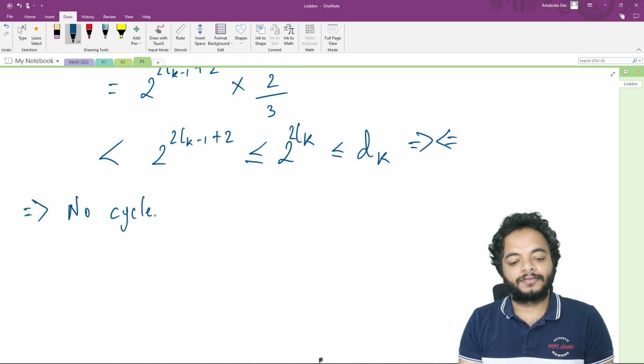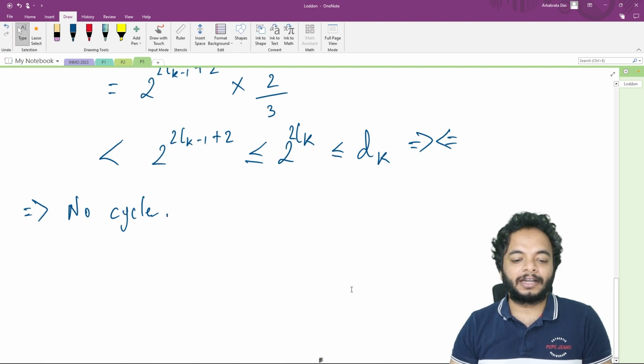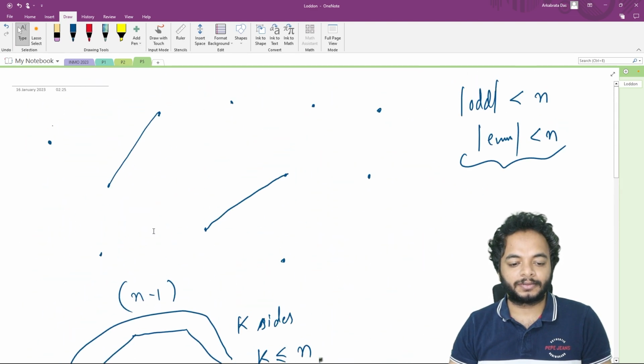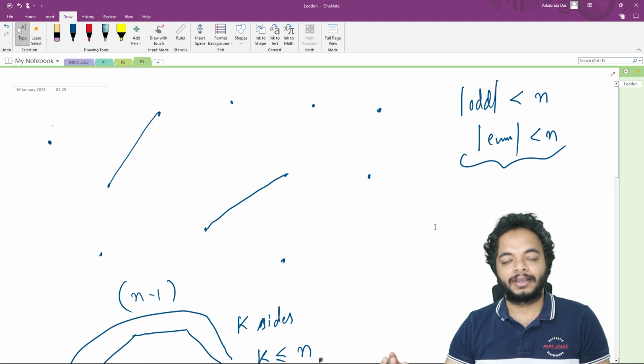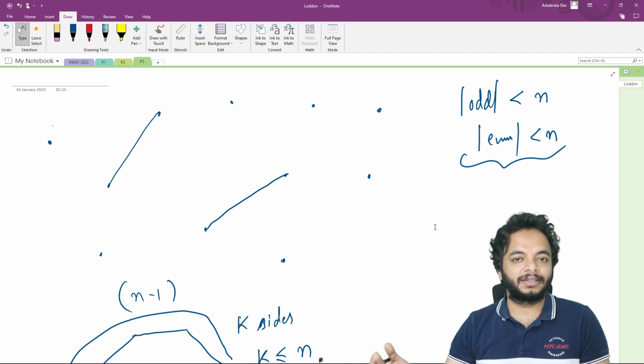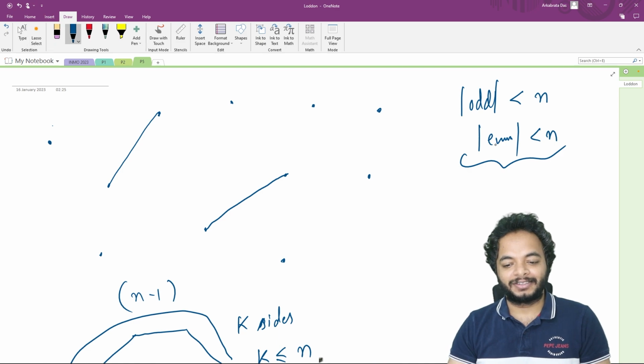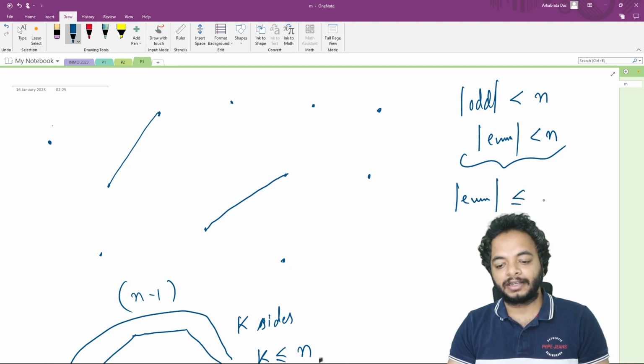If there is no cycle, then we can have at most n minus 1 of those edges, and so corresponding to them at most n minus 1 even integers. So we proved that the even integer count is lesser than or equal to n minus 1.